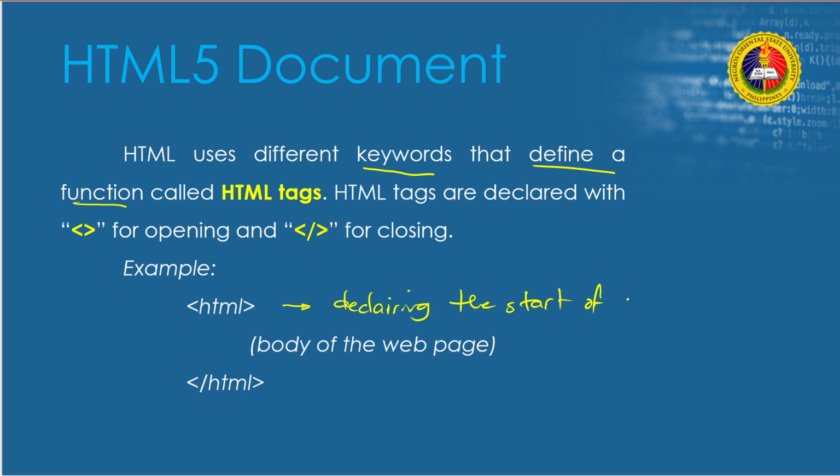Alright, so if we're going to declare HTML as our first function, it must be enclosed with the open and close angle brackets, and if we're going to close it, it's going to be the same, but we will add /.